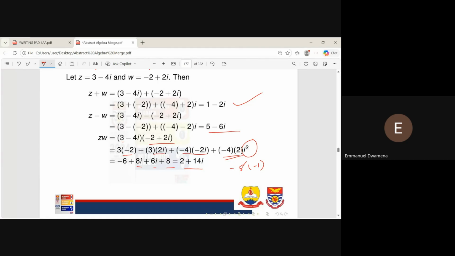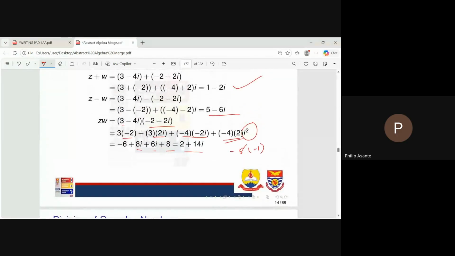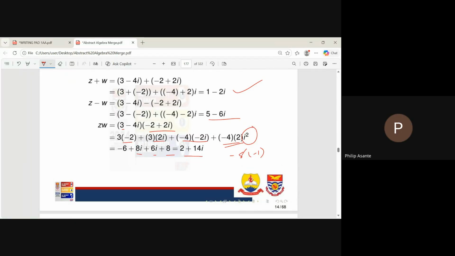Yes, sir. Please, I have a question. With the multiplication, when you are expanding 3 by negative 2, then the 3 will take on the 2i, 3 times 2i. So here, the plus before the one that you have underlined, how did we come about the plus?